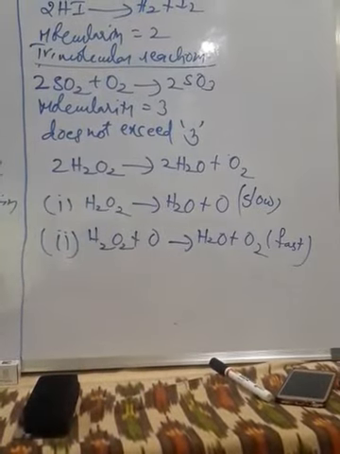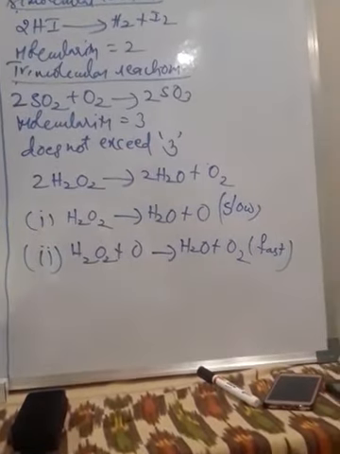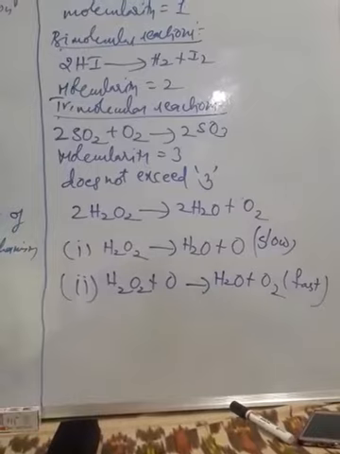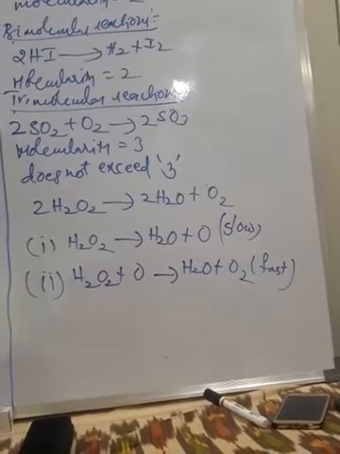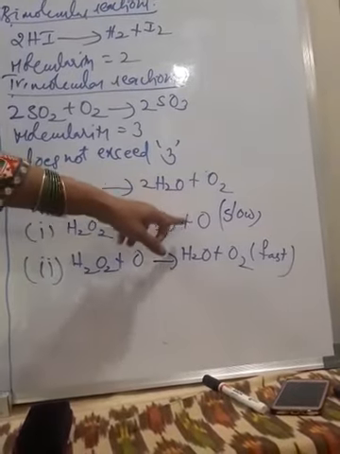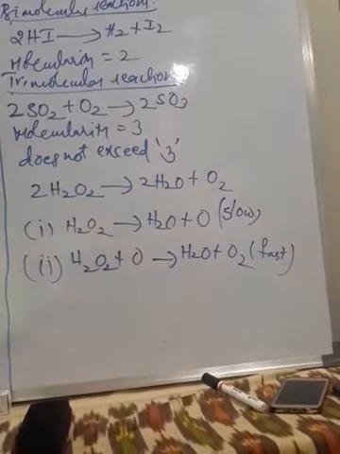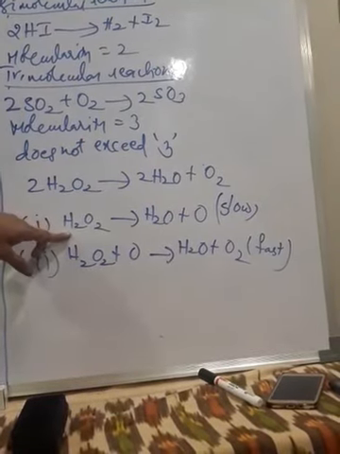So what is molecularity? The number of atoms, ions or molecules which take part in the rate determining step. That is molecularity. The rate determining step is the slowest step present in the reaction mechanism. So this is the slow step.